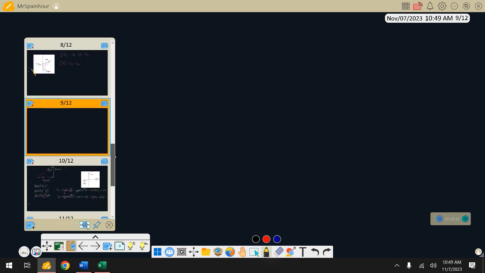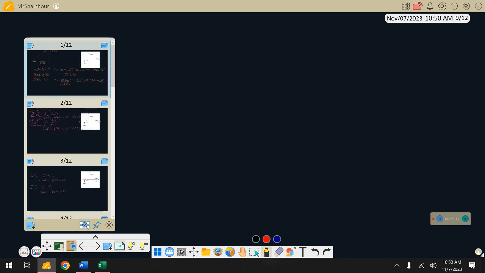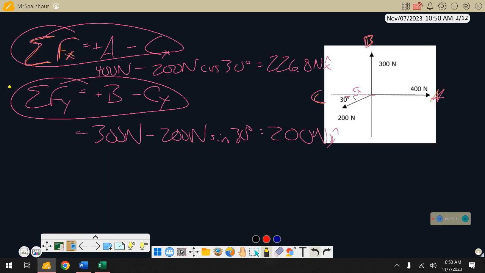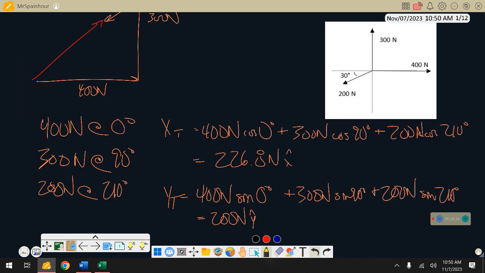Okay, so the whole goal of this, we start off very arbitrary here, taking vector addition into kind of this more stylized way of doing it, but it's all just vector addition. As a matter of fact, if I come back here and point this out, so our equation that we got was A minus CX and B minus CX. Well, if you look at this equation, watch me simplify this to an extreme amount. Cosine of 90 degrees is just 0, right? There was really no reason to put it.